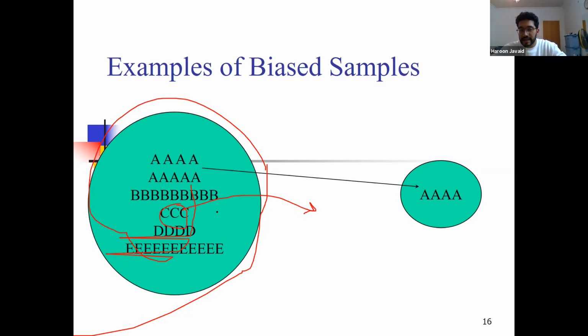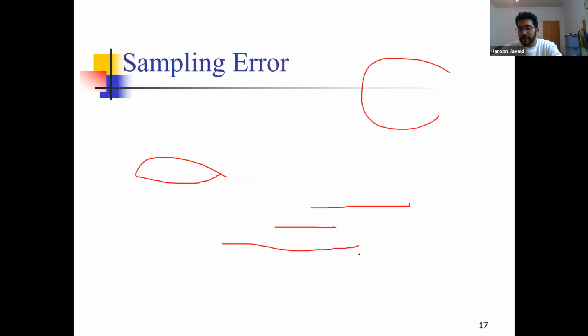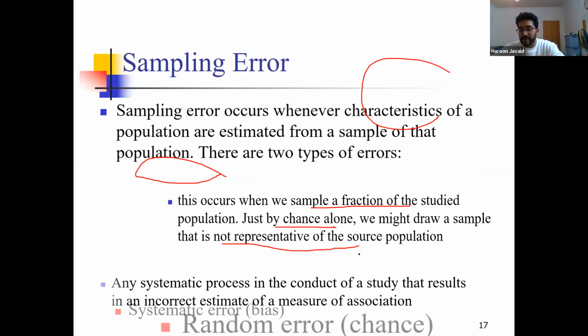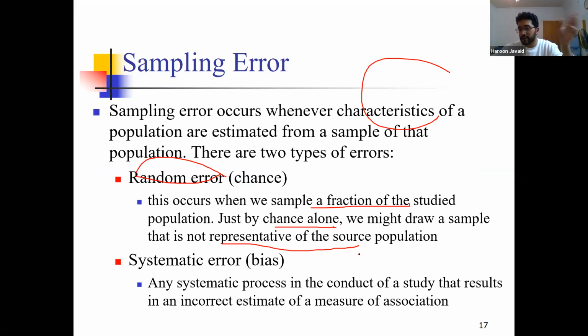If we have 3 Cs, it's not representative of all of them, A, B, C, D, E; all of them are skipped out. But the method we used was not biased. The method we used was correct, everything we used was correct, but just by chance alone, we got 2 or 3 Cs. So there's always this chance that you will randomly get something which is not representative. Make sense?